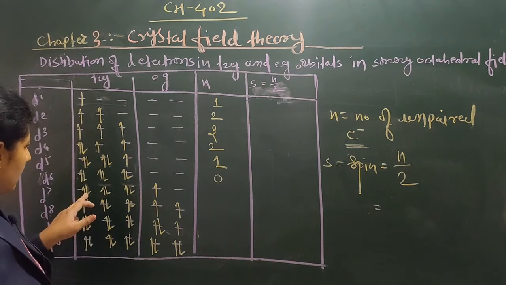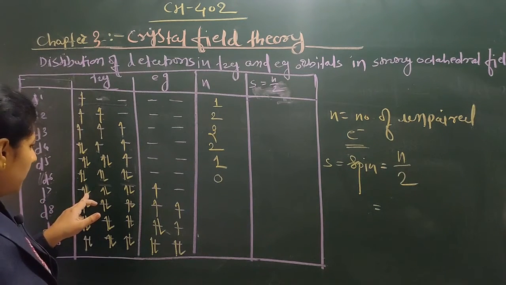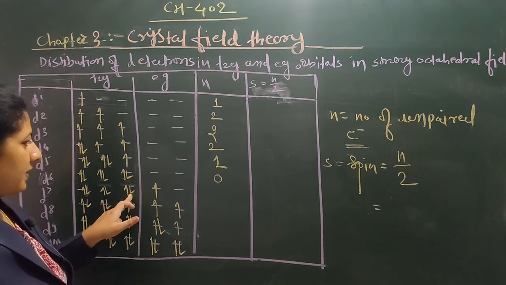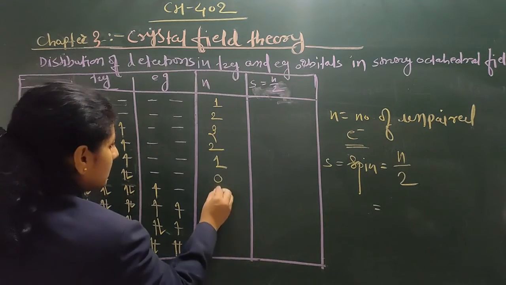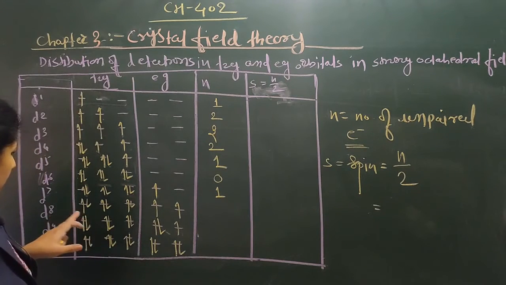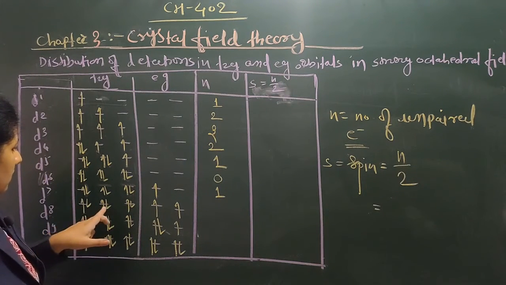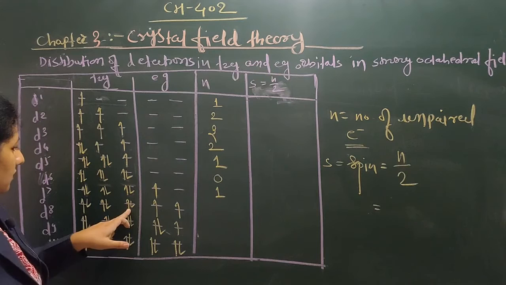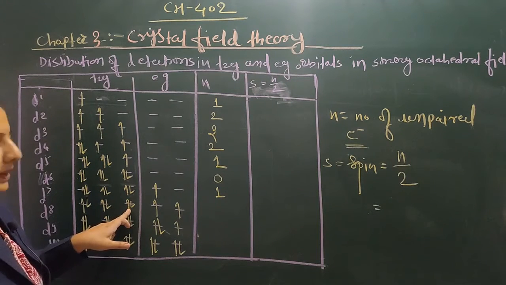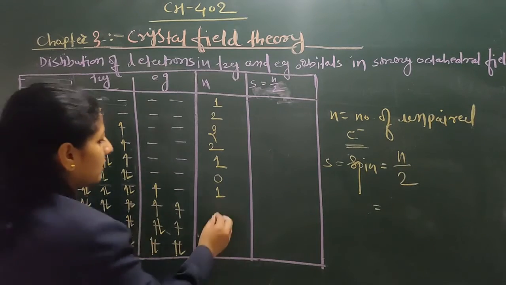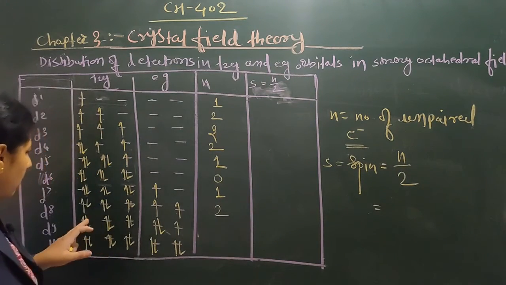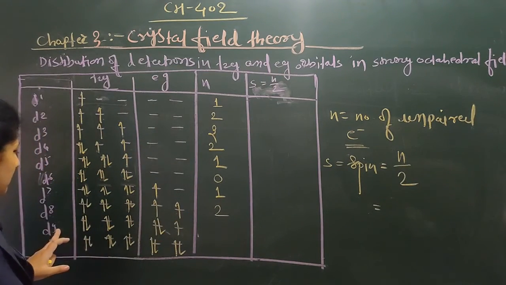And for d7, in t2g all electrons are paired, but still 1 electron is unpaired in eg, so that's why there is 1 unpaired electron. In d8 there is no unpaired electron available in t2g, but in eg there will be 2 electrons, so the number of unpaired electrons in the complex is 2 for the d8 system.